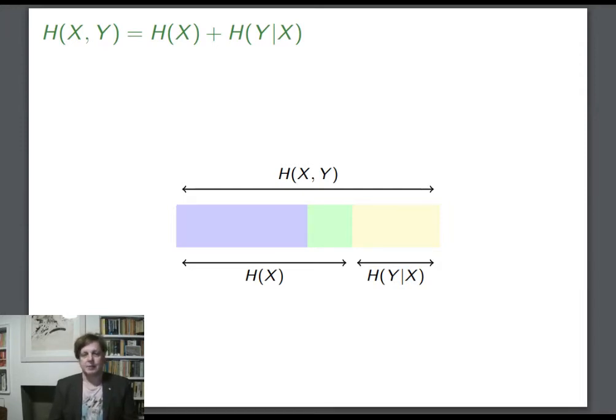So H(X,Y), the total information in the joint distribution, is equal to the information in the X distribution plus the information remaining in the Y distribution if you know about X. And we can think of that as the consequence of there being some overlapping information. That's the information that's in X, which, if you know it, reduces the amount of information in Y.